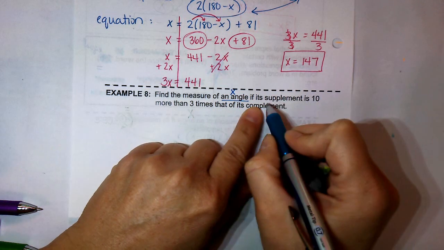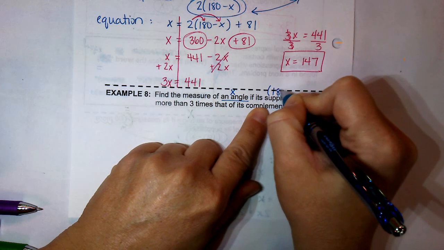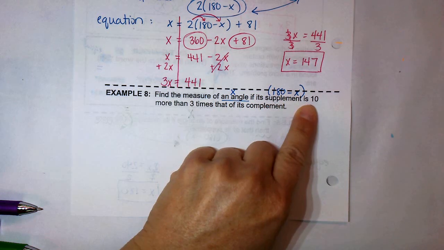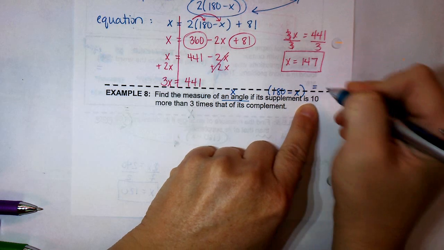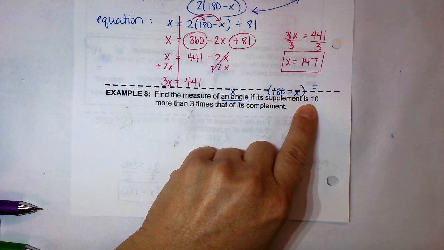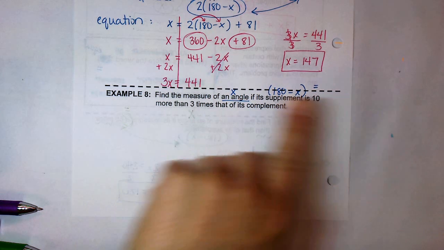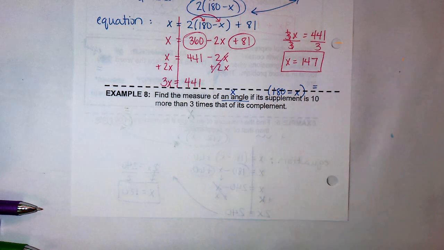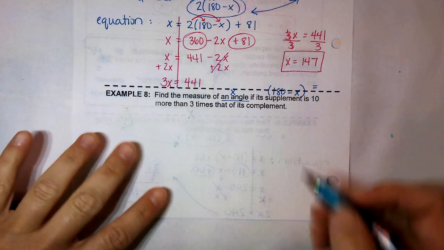Then we have its supplement, which is 180 minus x. Then I have is, which is equal. That's where our differences were, right? We only had x equals. Now we have x, a supplement, then we have equals. So that was the curveball right there.